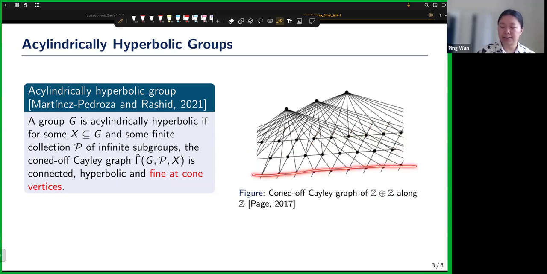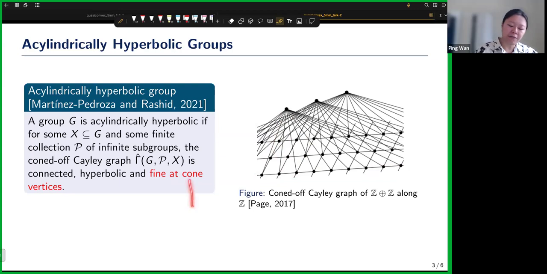So I'm choosing this Z as my P here, and I'm adding one cone vertex corresponding to this Z, and I'm connecting this cone vertex to any vertex inside Z. So that's how I cone off Z, and I do this for every copy of Z inside Z plus Z to get a cone-off Cayley graph of Z plus Z along Z. Okay, so that's a cone-off Cayley graph.